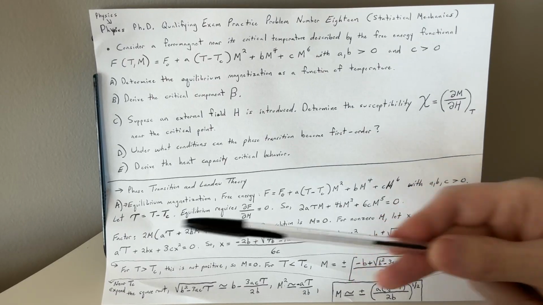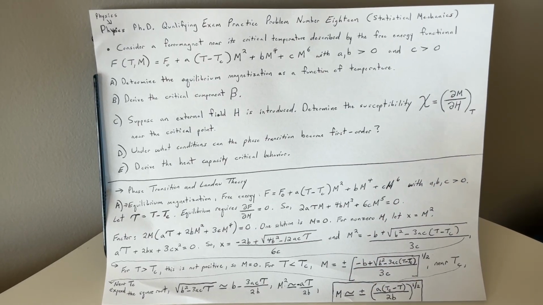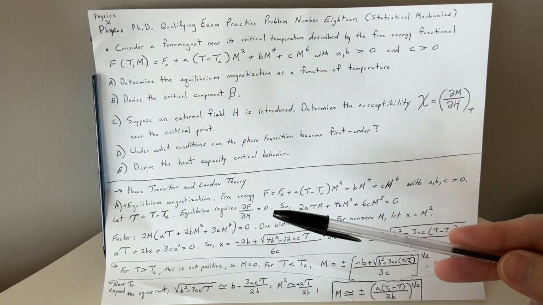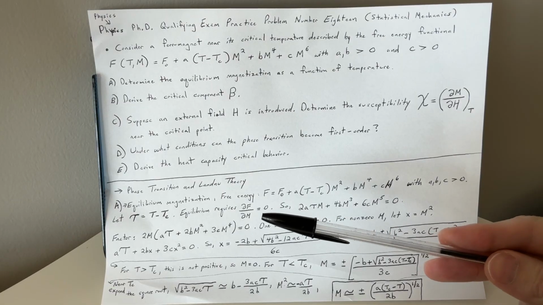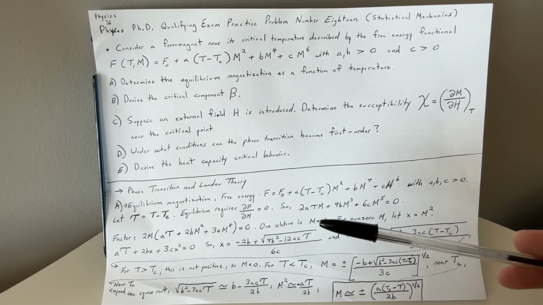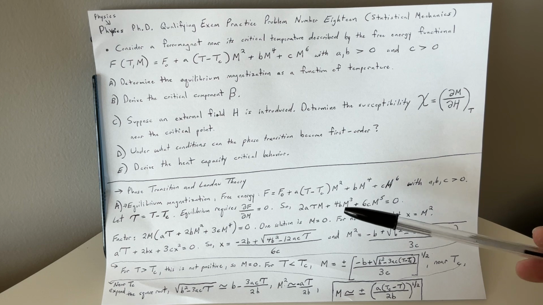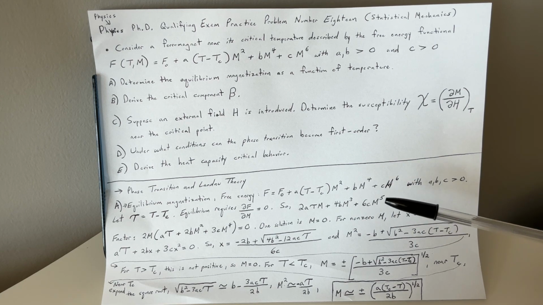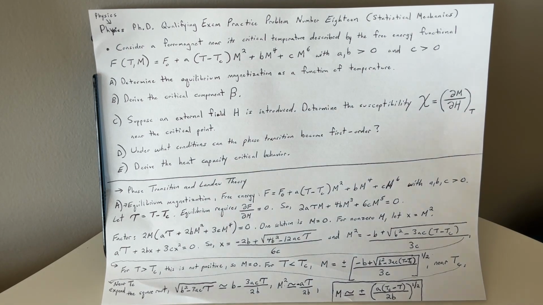We're going to let tau equal T minus T sub C. The equilibrium requires the partial derivative of F with respect to M set equal to 0. So 2A tau M plus 4B M cubed plus 6C M to the fifth equals 0. Factoring out 2M becomes 2M times the quantity A tau plus 2B M squared plus 3C M to the fourth equals 0. One solution is going to be M equals 0.